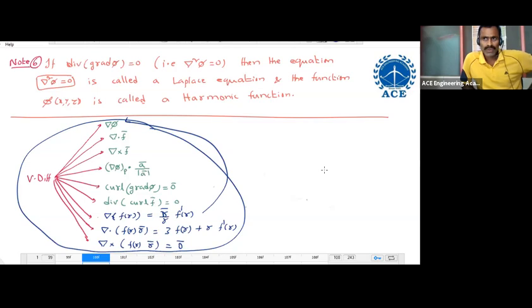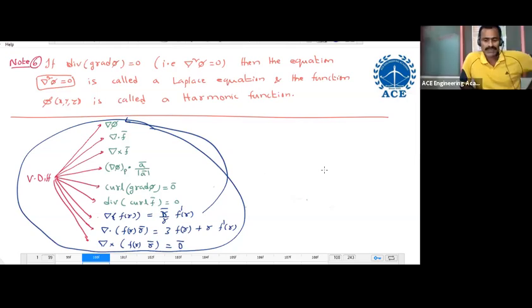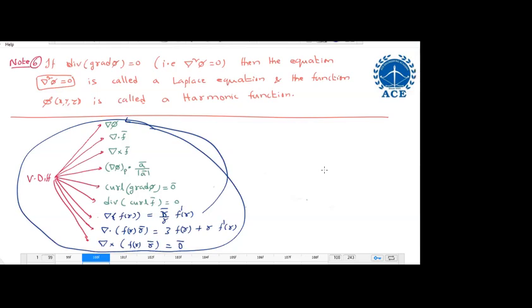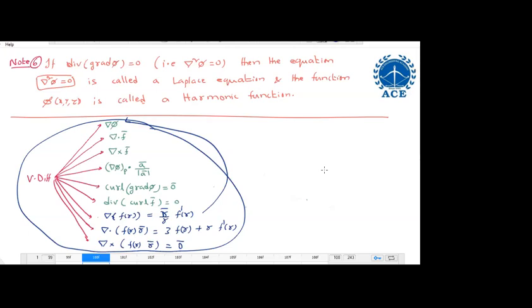Mathematically, harmonic function means solution of the Laplace equation. If any function satisfies the Laplace equation, then such a function is called a harmonic function. Purely physical meaning you find in EMTL.